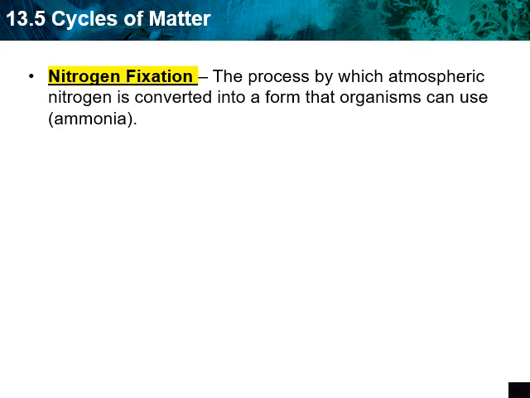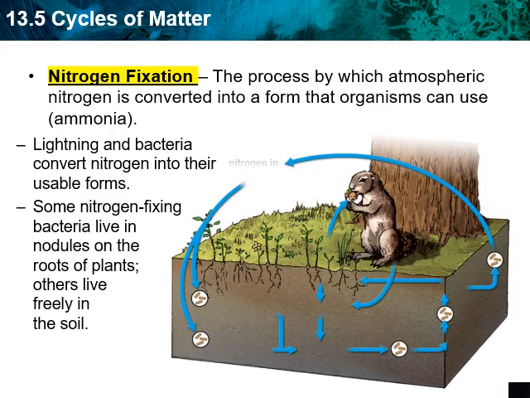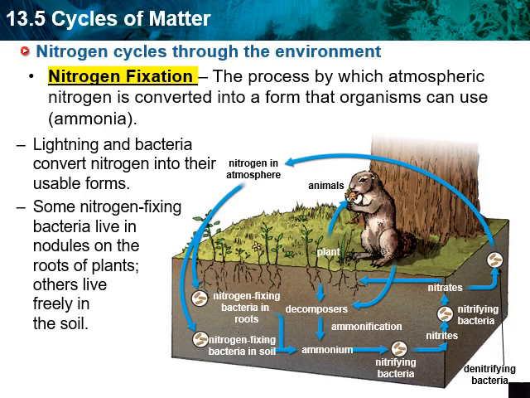The process by which atmospheric nitrogen is converted into a form that organisms can use is called nitrogen fixation. Now, a couple different types of organisms, bacteria, and also lightning help to convert nitrogen into usable forms. Some of those nitrogen-fixing bacteria live on little nodules, little bumps on the roots of plants.